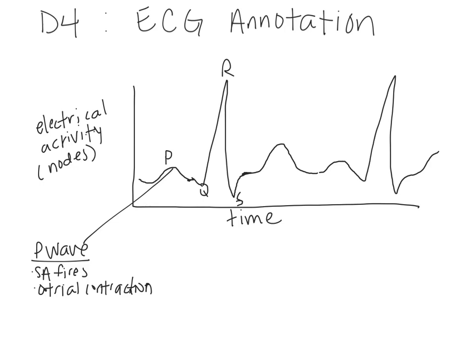So the QRS complex is going to involve a couple things. This is when our AV node fires, sending that electrical impulse down the Purkinje fibers, and this is when we are getting a ventricular contraction.